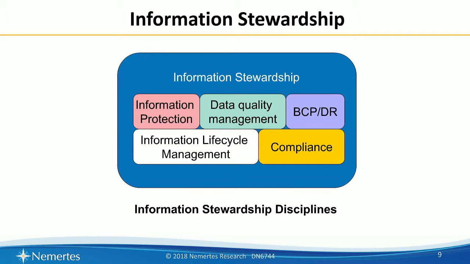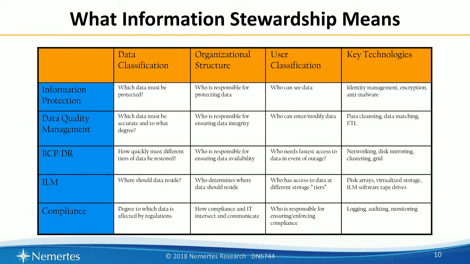Information stewardship is focused on keeping you in compliance with all of those things, protecting the data at every stage of its life cycle, and otherwise maintaining its integrity and quality.